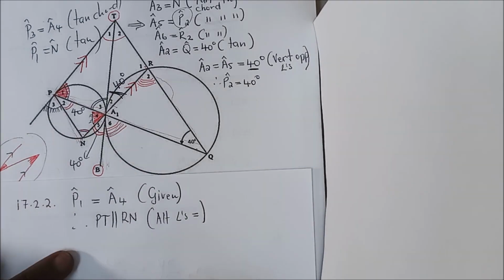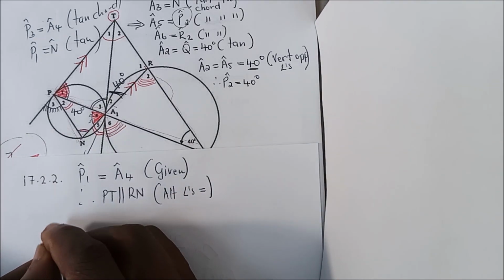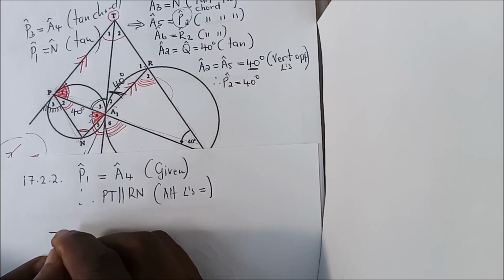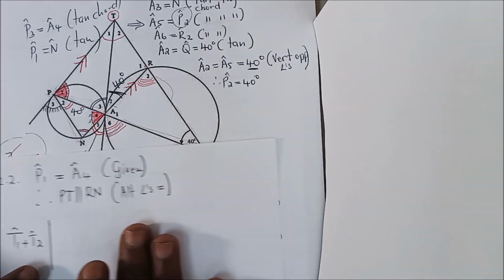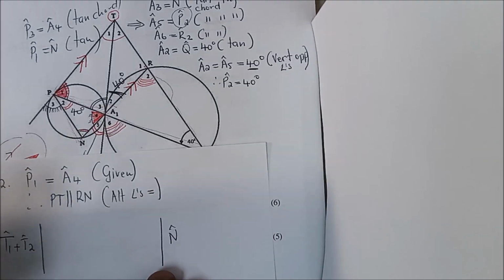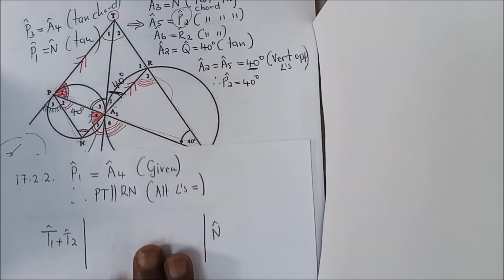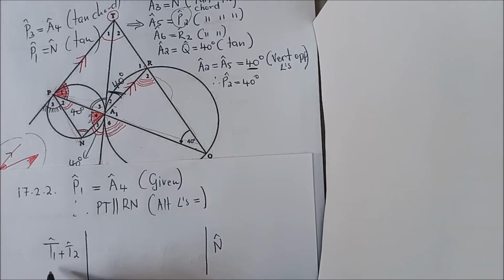So now let's go ahead and try to prove that we can use the river method. Let's go ahead and prove that T1 plus T2 is equal to angle N. So now give me an angle that is equal to angle T1 plus T2.